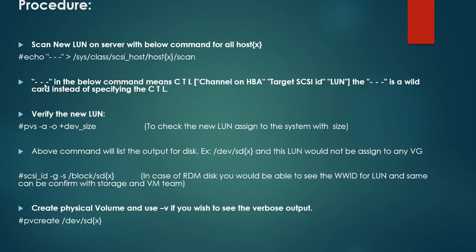You might be wondering what these three dashes stand for. The first is channel on HBA, the second is target SCSI ID, and the third is LUN. The dash is nothing but a wildcard, so instead of the dash you can use the wildcard as well.